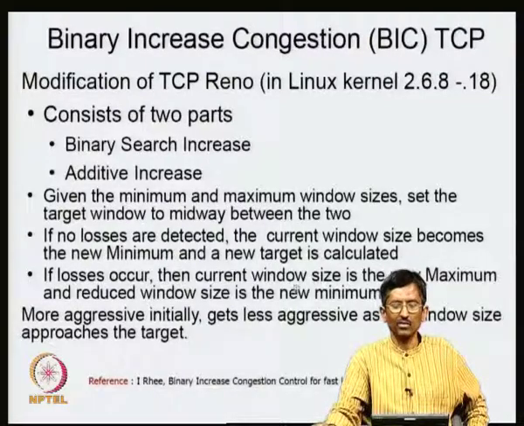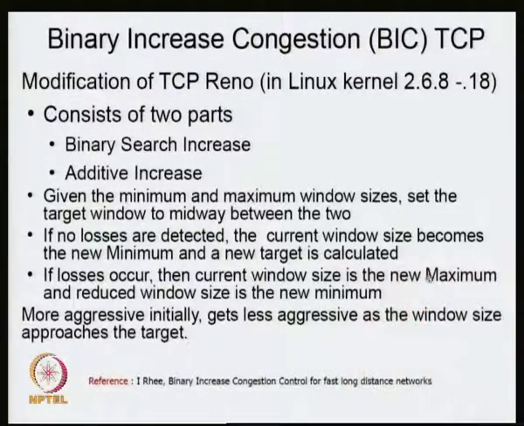If there is a loss, then the current window becomes the max, and you reduce the window size, and that becomes the minimum. Essentially, what is happening is that you are aggressive initially, but it gets less aggressive as the window size approaches the target.